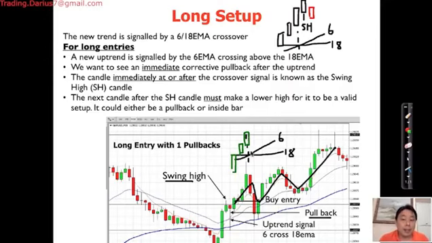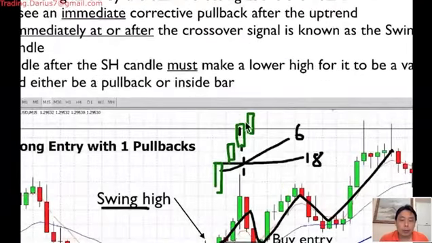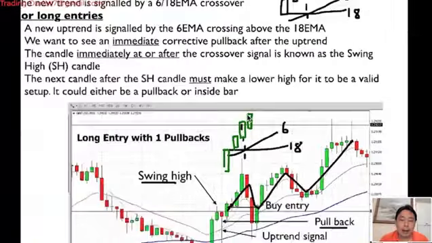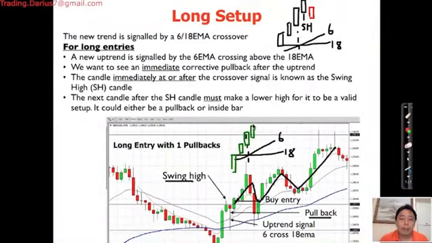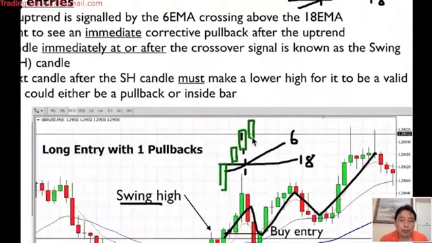But what happens if the next candle makes a higher high? If this candle makes a higher high, this candle now becomes the swing high candle, because a swing high candle must be the highest point. Is that valid? Yes, it is still valid because it comes right after the crossover.